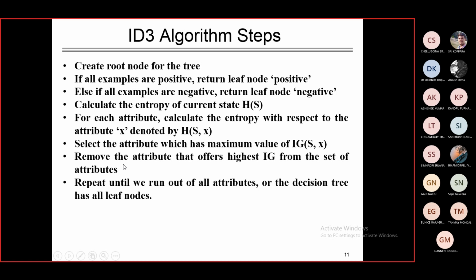Since once we get the attribute with the maximum value of information gain, we will remove that attribute from the data set, and we will have the remaining subset of the data set with the remaining attributes, and on that subset we will repeat all this process. Okay, until we run out of all the attributes.